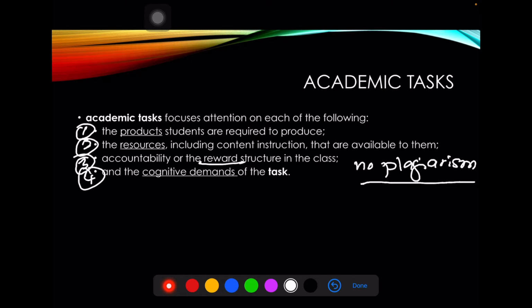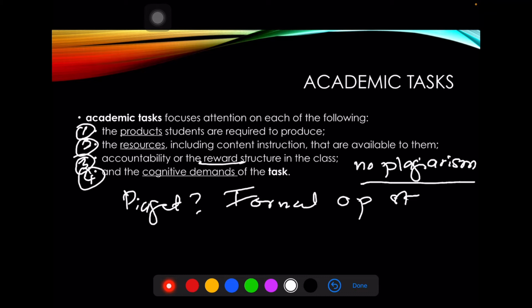Cognitive demands here means, is it up to your level? Remember Piaget? Now you are at the formal operational stage. That means you can already think abstractly, and that means your report will be of a slightly higher level compared to those who are still at the concrete operational stage.